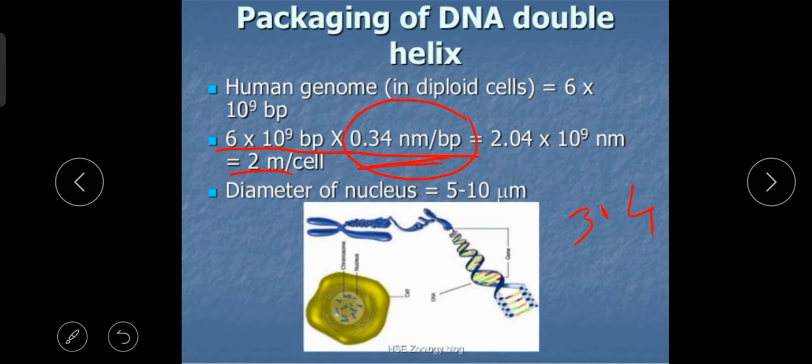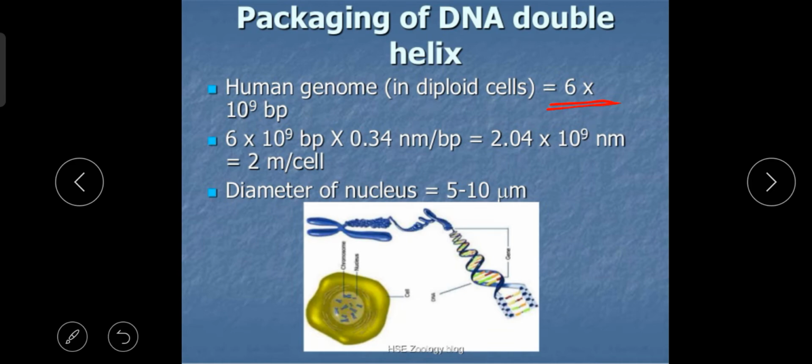What is the length of DNA molecule in eukaryotic cell? First, we should know how many nitrogenous base pairs present in the diploid cell. How many nitrogenous bases of DNA present in the double helical model of DNA in one diploid cell? That is approximately 6 billion.